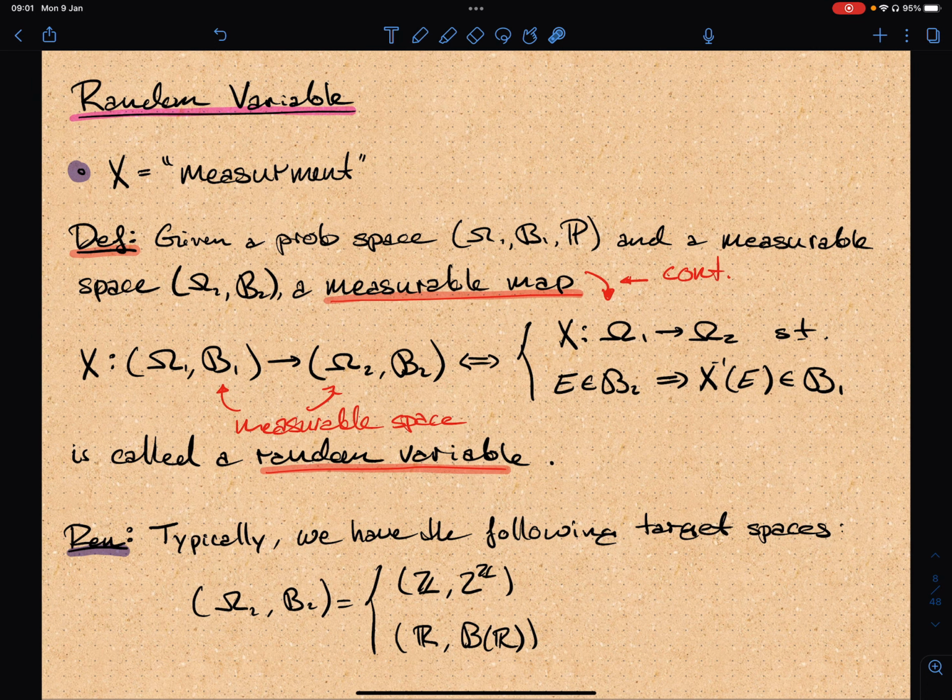And again, what we're going to encounter in this course is that typically the target space for a random variable is either going to be the integers, where the sigma field is just the power set of the integers, or the real numbers, where the sigma field is the Borel sigma field. And in those cases, we don't worry too much about trying to figure out if a map is measurable or not. Since most things are going to be continuous, then it's going to be clear that it is measurable.